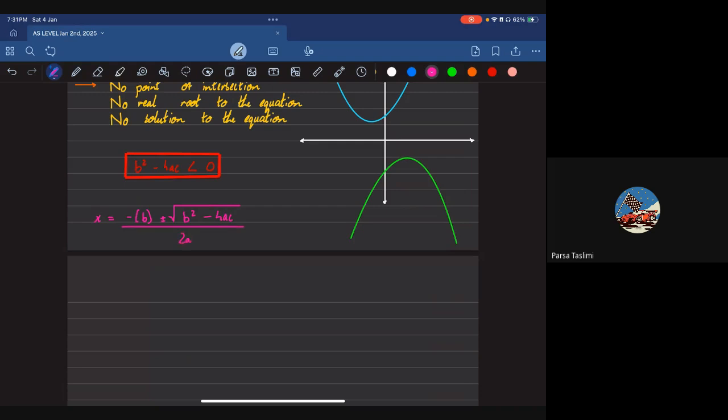Your entire b square minus 4ac came out from this entire formula. So that is where we got it from. The entire idea of the discriminant.